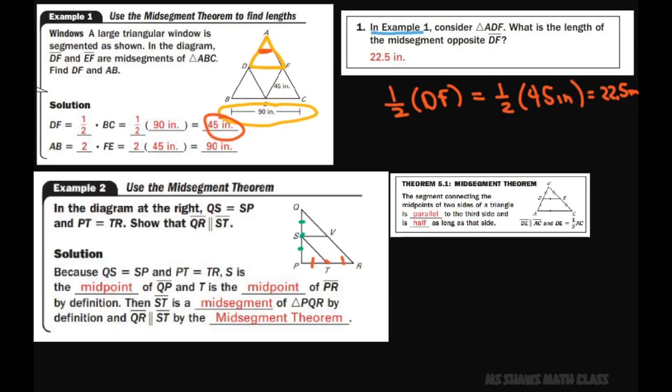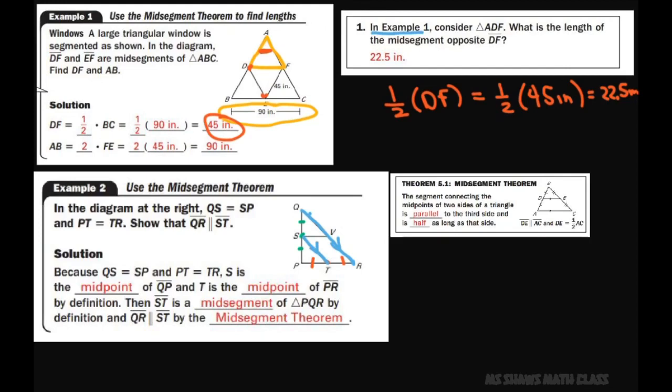Just like we had here, these two are midsegments. So it's almost the same. Show that QR is parallel to ST. So we want to show that this whole line is parallel to this line.